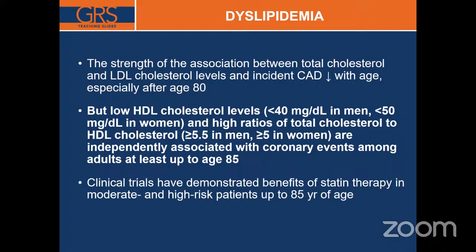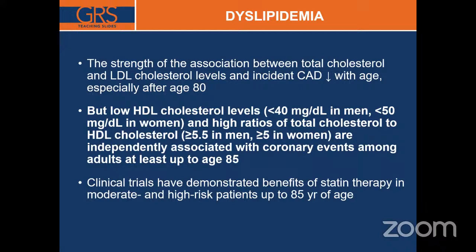Okay, dyslipidemia as a risk factor. The strength of the association between total cholesterol and LDL is low in the elderly, and incidentally with age, especially after 80 years, it declines. The most important risk factors are low HDL cholesterol levels and a high ratio of total cholesterol to HDL.